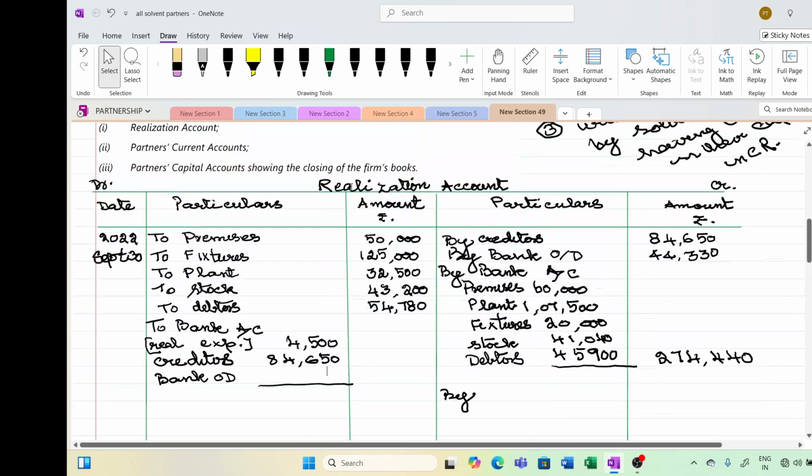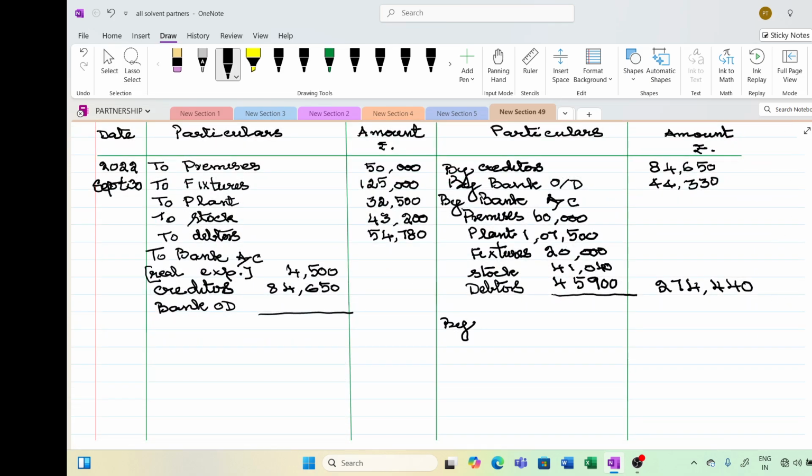Bank overdraft was 44,330. Here, you need not worry about individual items, how much is realized in case of assets. Simply take the amount that is received. We will see the total loss or profit on that.